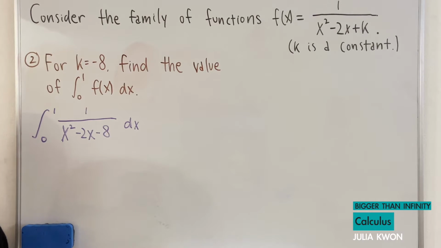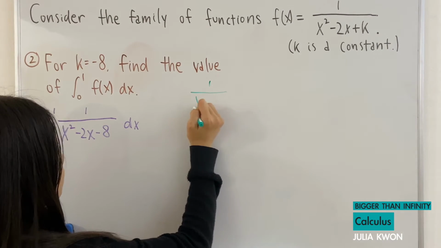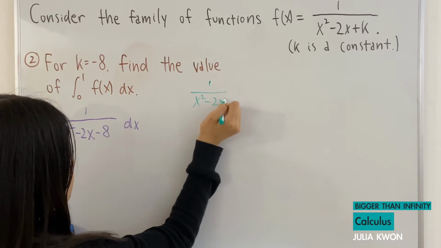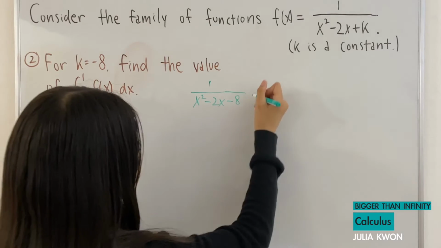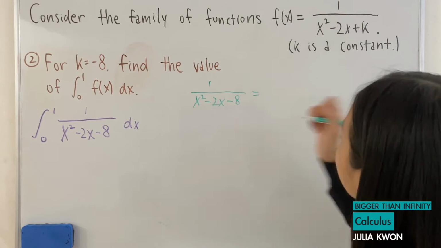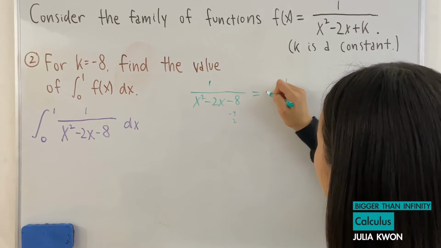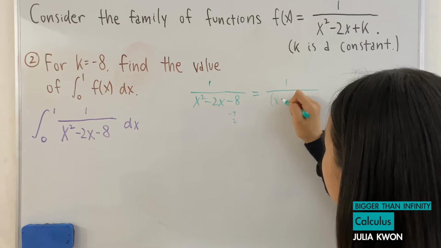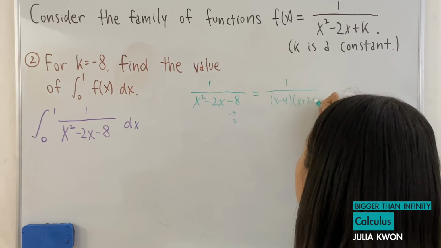We're going to use partial fractions to do that. So we have 1 divided by x squared minus 2x minus 8 here, which is equal to, if we factor the bottom, with -4 and 2, 1 divided by (x minus 4) times (x plus 2).